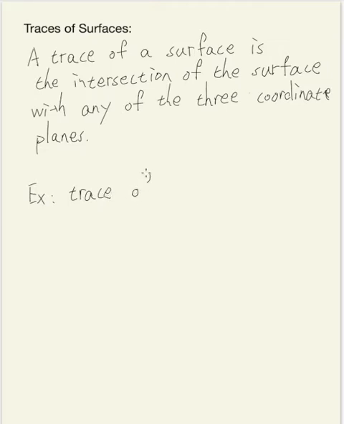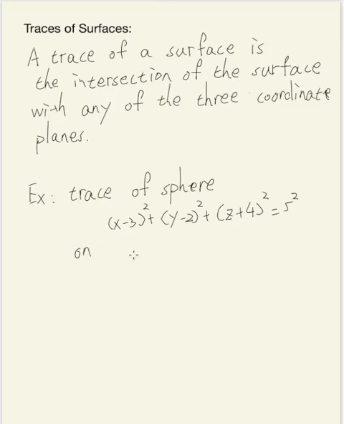Let's find the trace of the sphere (x minus 3) squared plus (y minus 2) squared plus (z plus 4) squared equals 5 squared, on, let's say, the xy plane.